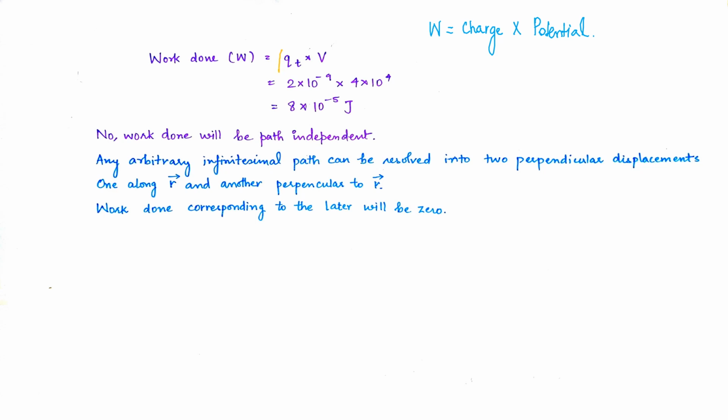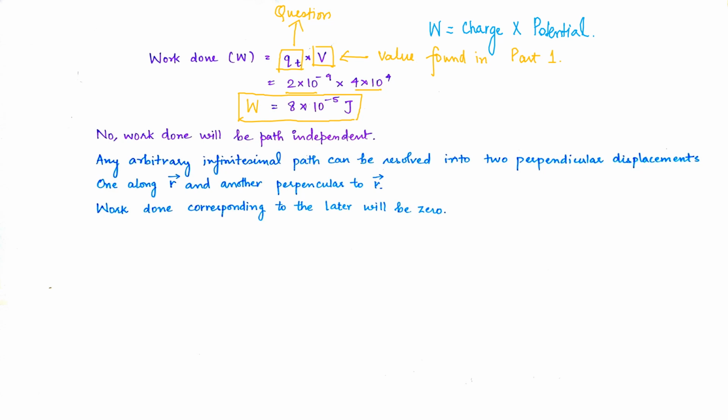The charge is given in the question, and the value of V we have found in part 1. Now we multiply it, and the amount of work done we received is 8 into 10 to the power minus 5 joules.